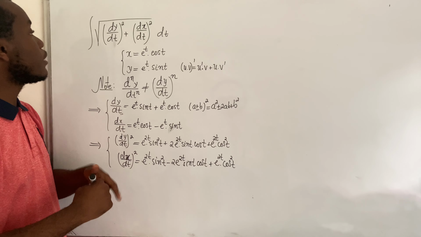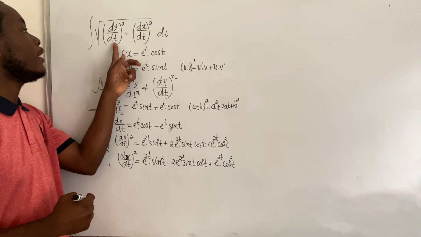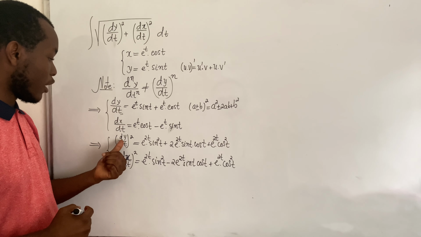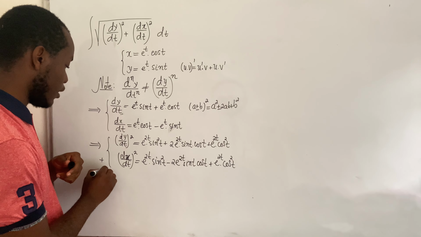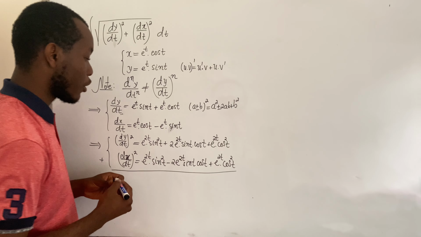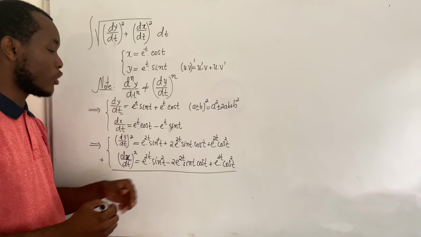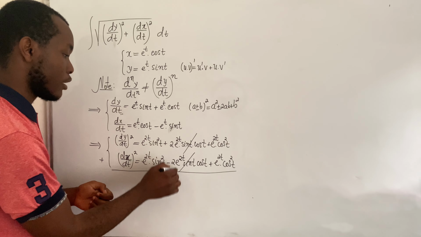Now, inside our square root, they say they added both of them. So we can add them. What are we going to realize? These two expressions are symmetric, so they're going to cancel out.